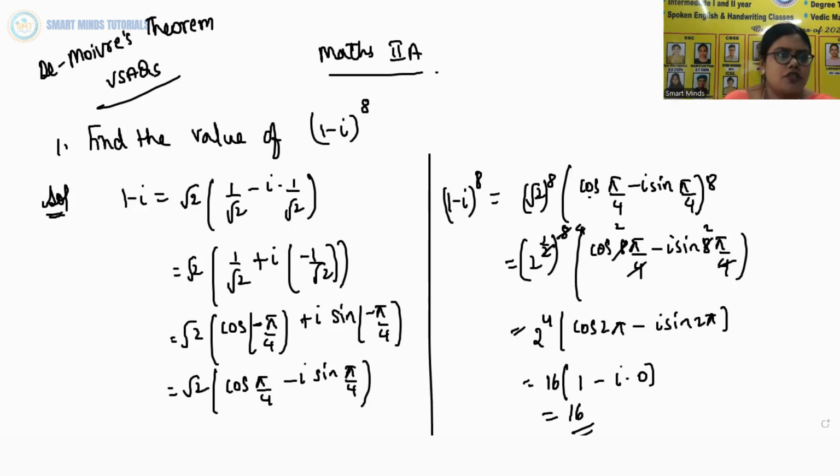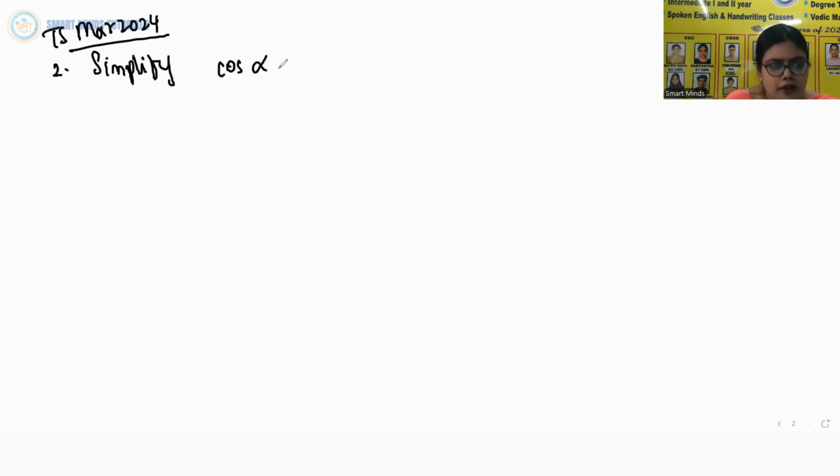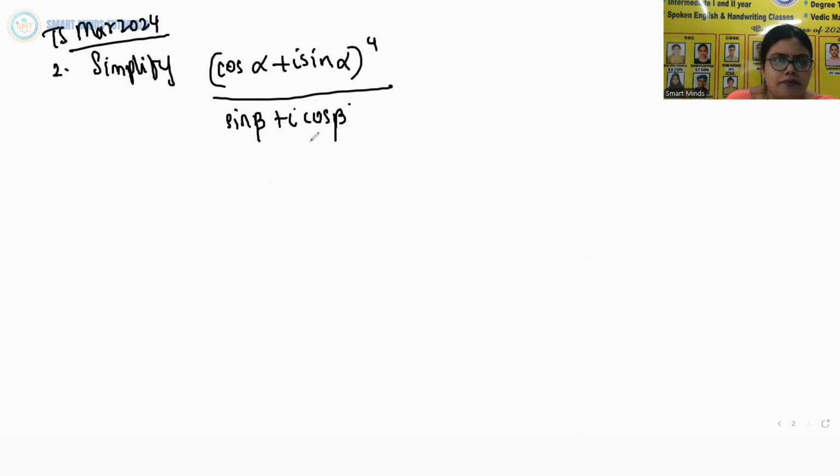Take the next question. Question number 2. This question appeared last in March 2024. Simplify (cos alpha plus i sin alpha) whole power 4 by (sin beta plus i cos beta) whole power 8.